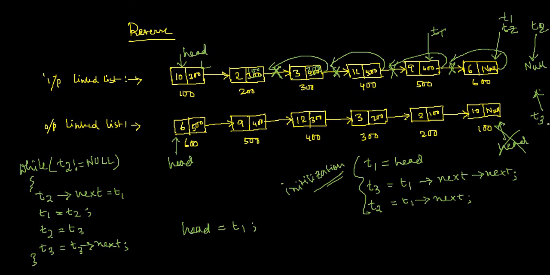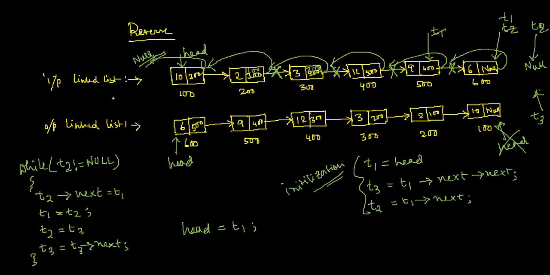And one more thing is left. That is keeping null in the last node. Because till now you didn't have null over here. I have connected this node with this one, fine. But I have not connected this node with null. Right?